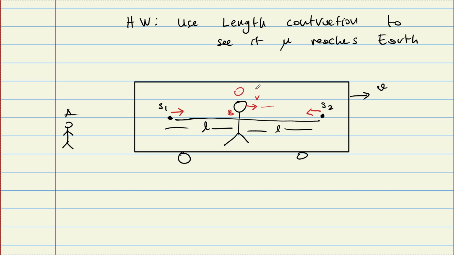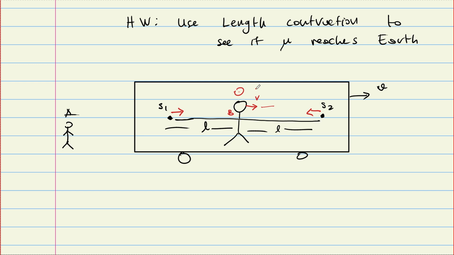Suppose there's a bomb that explodes if it receives those signals at the same time. Then the bomb either explodes or not. And if the bomb explodes in B's frame, it explodes in all frames, right? We are not going to alternate realities in relativity. We don't have things like this.